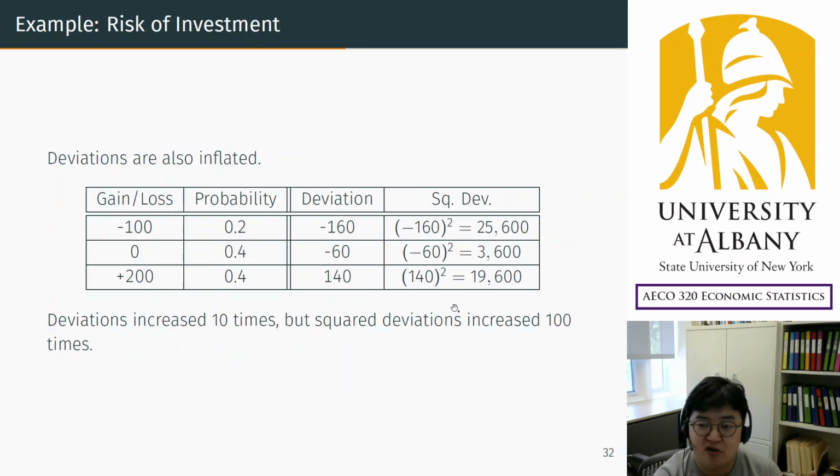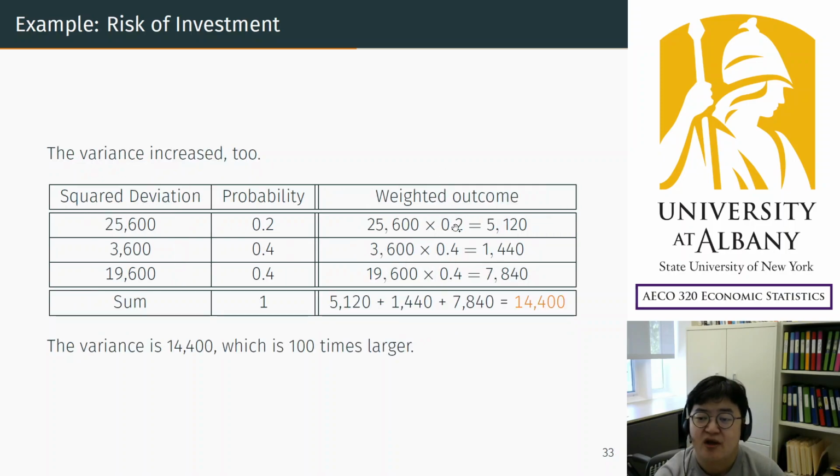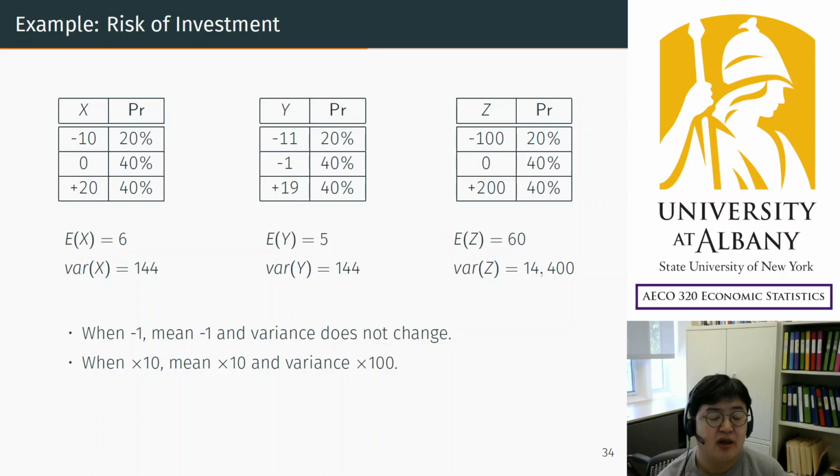And the intuition is clear, as I said. Times 10 becomes times 100 because you take squares, right? Taking squares causes this inconvenience, an inconsistency in the unit. So let me then compare three examples. Basically the same example with slight modification. The original example had a mean of 6 and variance of 144.